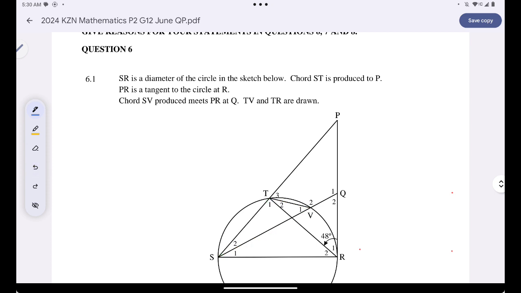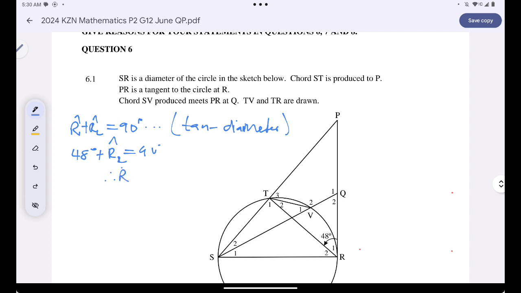So if I can find the size of R2, I can therefore find the size of V1. How can I find the size of R2? I know that R1 plus R2 should give me 90 degrees. Why? Because of the relationship of a tangent and the diameter. All together. The value of R1 is 48 degrees. I don't know R2.